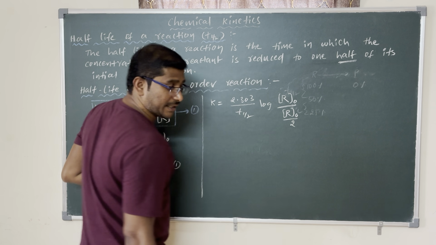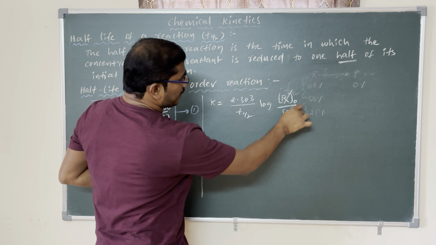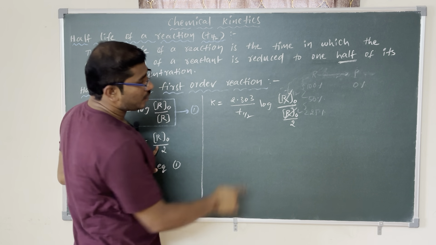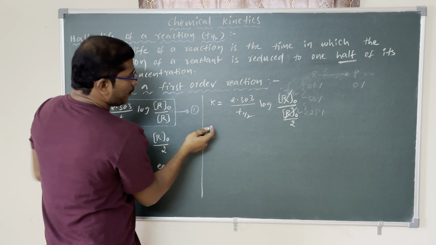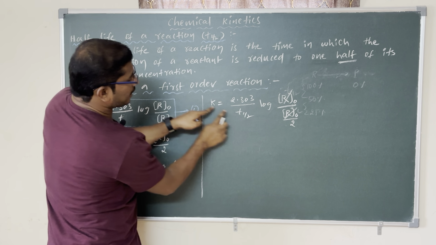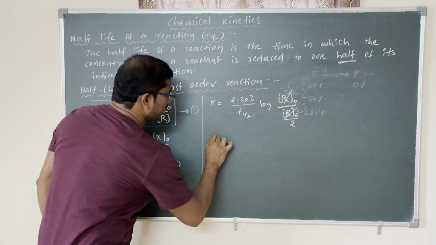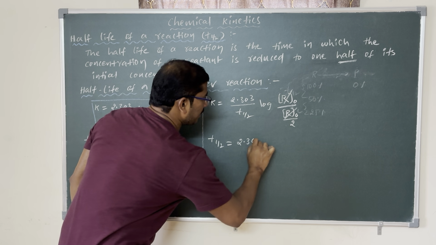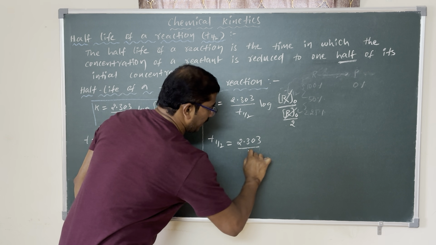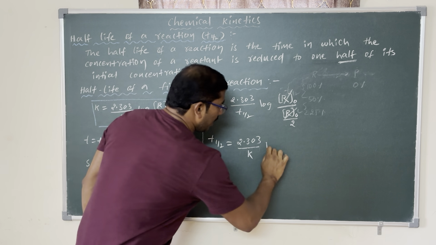The initial concentration gets cancelled, leaving 1 divided by 2, which reverses to log 2. Bringing T half to this side and K to that side, T half is equal to 2.303 divided by K, log 2.